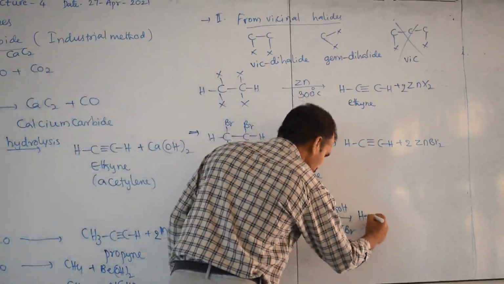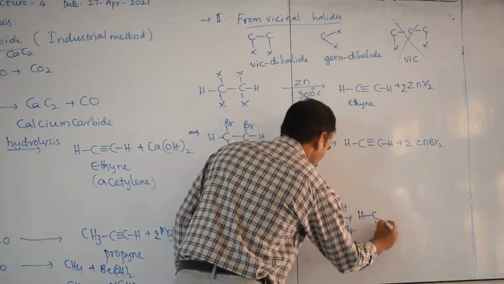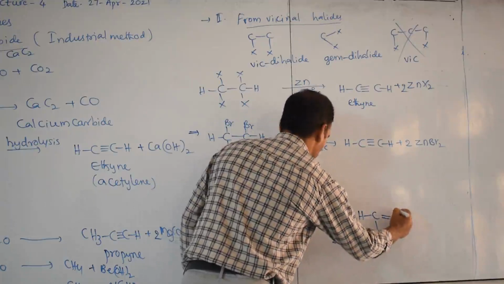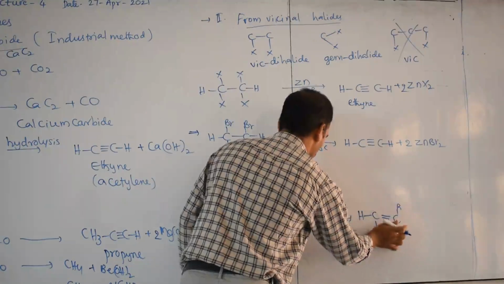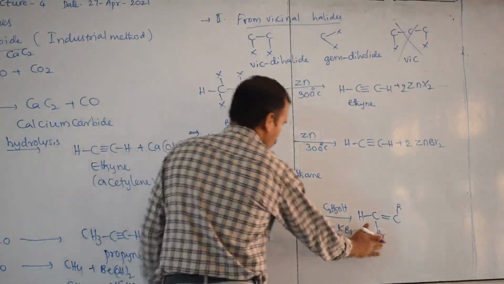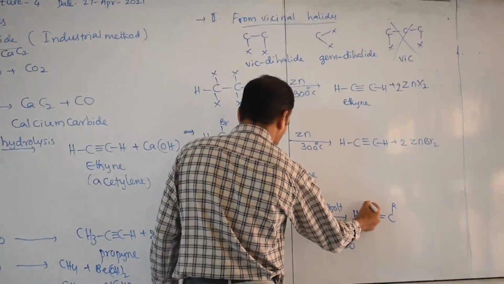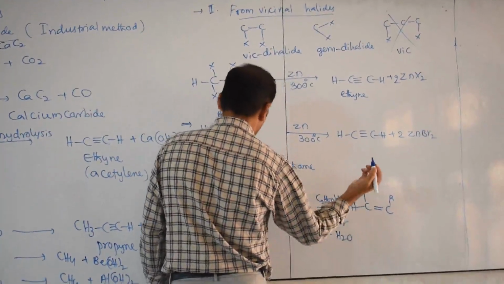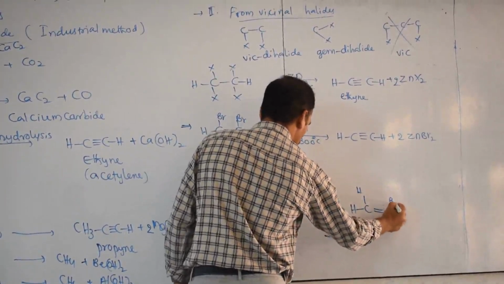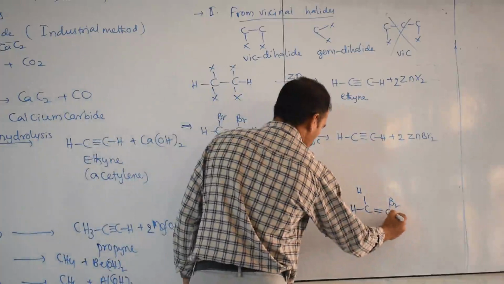H and Br, double bond, and the next one, Br already out, then one hydrogen here, one bromine out, one hydrogen out.